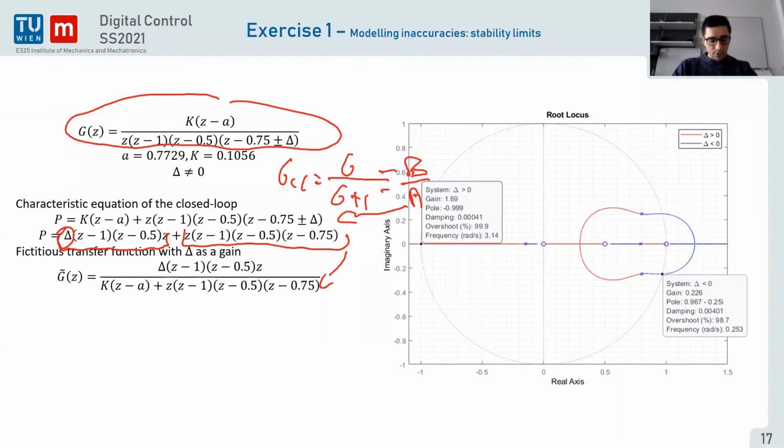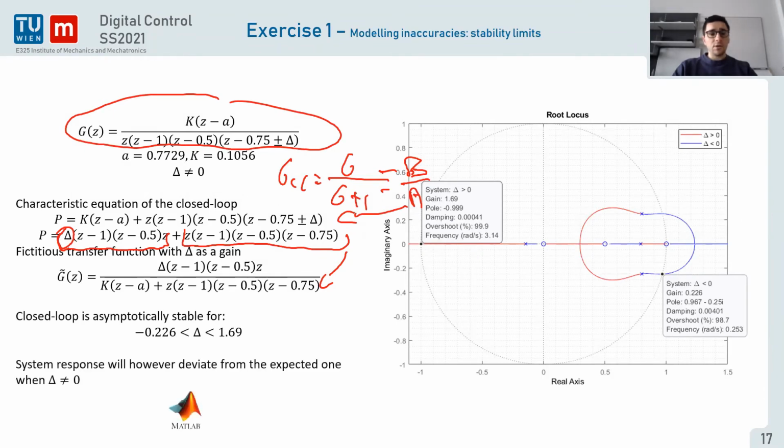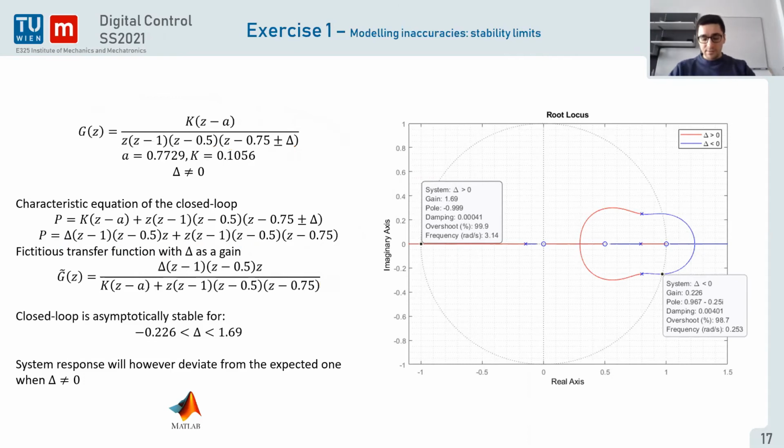And once you've done this, you end up with a fictitious transfer function, and you can draw the root locus. And this root locus now, the parameter is not k anymore, but it's delta. So the gain here is not k, but an equivalent gain that is delta. And you can see how changing delta will place the poles differently, so how changing delta will affect the closed loop poles that you just designed.